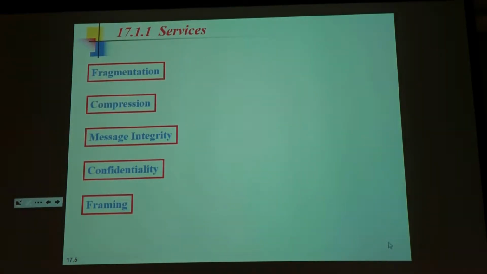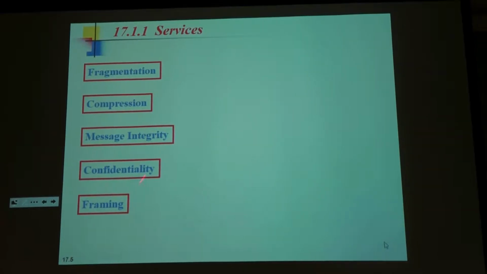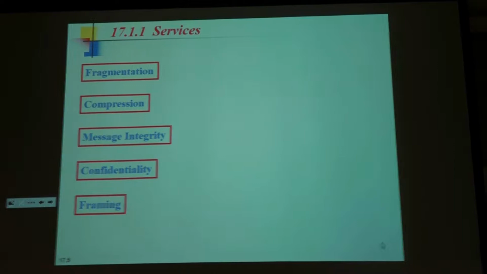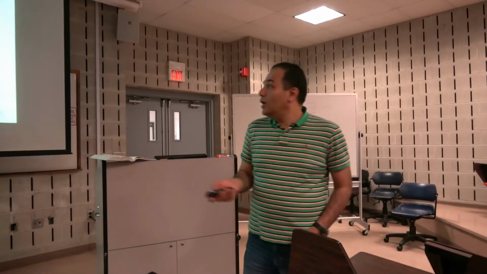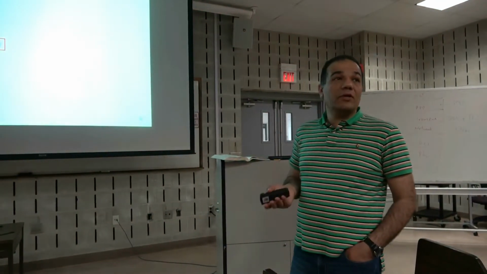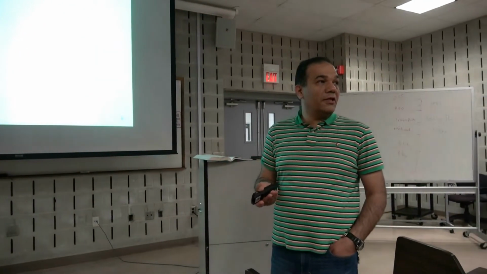The services provided are fragmentation. The data will be divided into fragments, and each fragment will be compressed. It will have message integrity, so we make sure the message was not changed. Then we have confidentiality, that means encryption, so the data is secret.